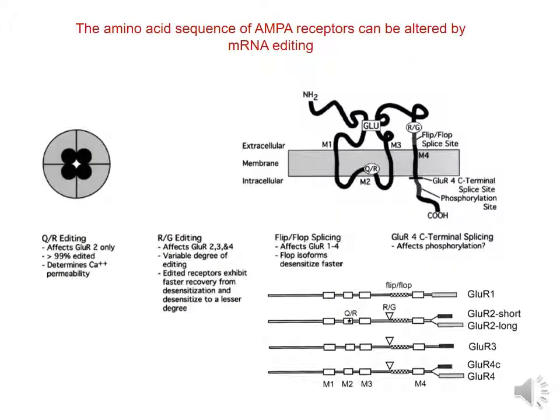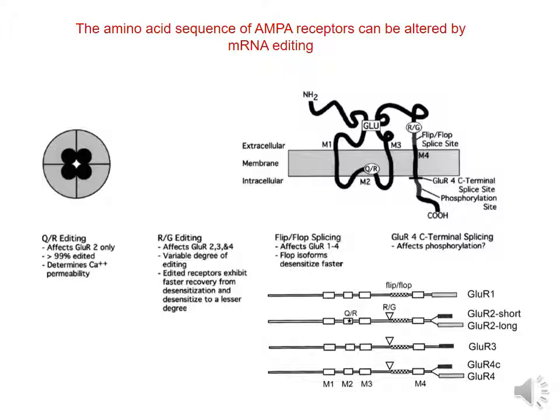And in this slide, you can see a summary of how different types of editing affect different types of GLUR subunits, specifically for the AMPA receptor assembly. Here, as I mentioned earlier, the QR editing affects mostly GLUR2 or GLUA2 subunits and determines calcium permeability.